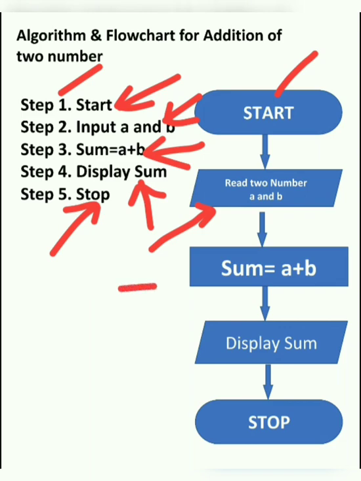After that, for process you use a rectangle. So this is your process, sum equal to A plus B; write it in the rectangle. Again for output you use a parallelogram, and for stop you use an oval shape.